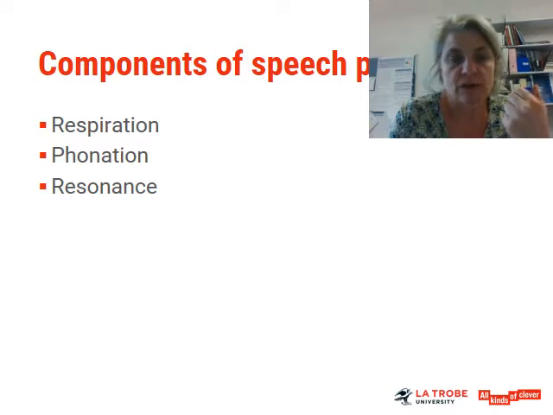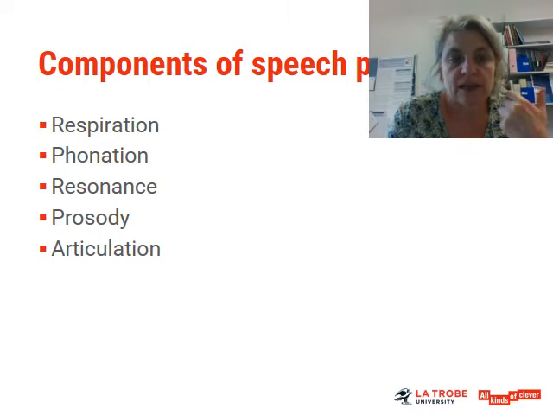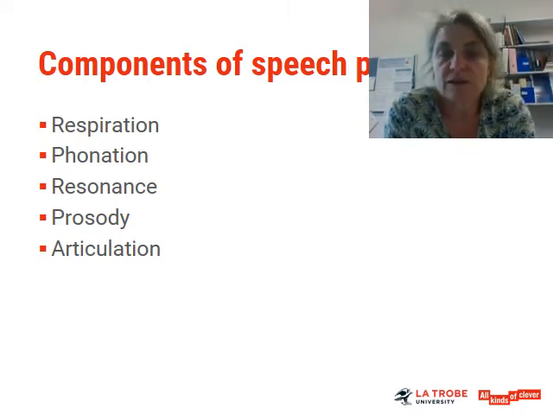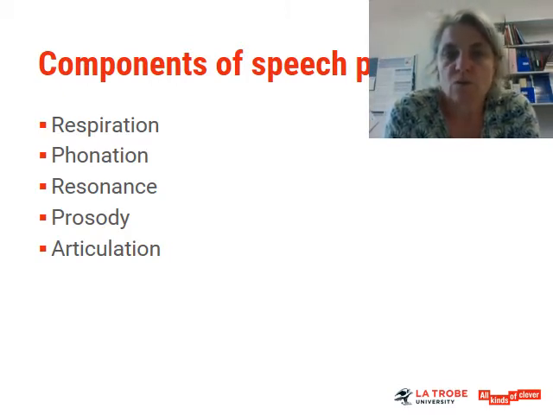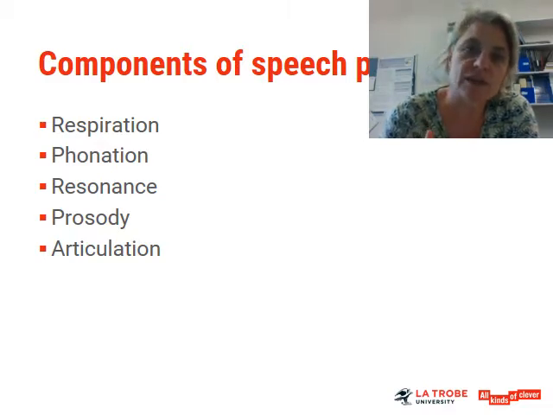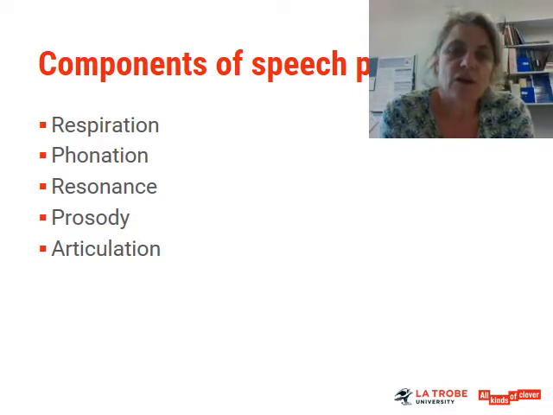So we might do that through resonance, prosody, and articulation. So for a word like bar, in terms of articulation, the way we shape that sound is with our lips. We bring our lips together, ba, to create the b sound, and then the way we shape our tongue produces the r sound.